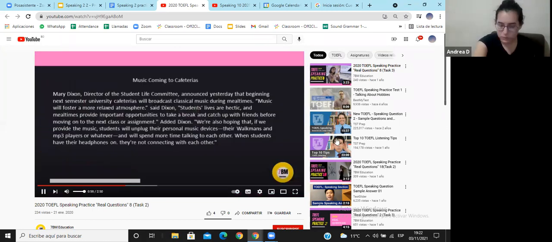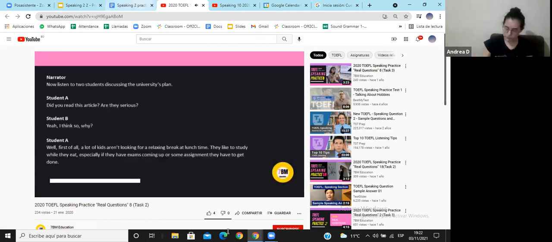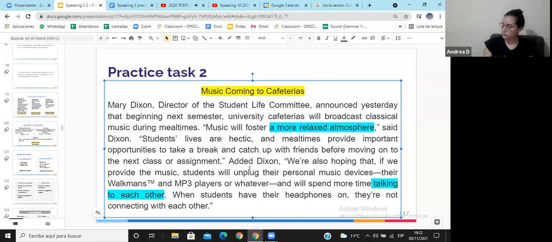Now listen to two students discussing the university's plan. This article? Yeah, I think so. Why? Well, first of all, a lot of kids aren't looking for a relaxing break at lunchtime. They like to study while they eat, especially if they have exams coming up or some assignment they have to get done. Yeah, that's true. And now they won't be able to concentrate. This is going to be very distracting.